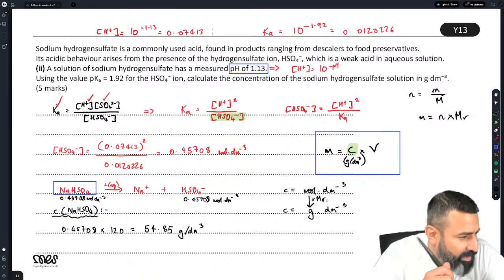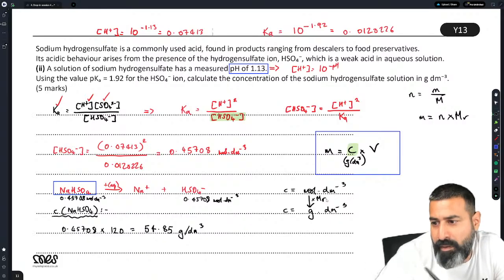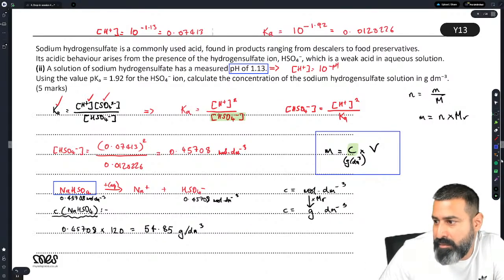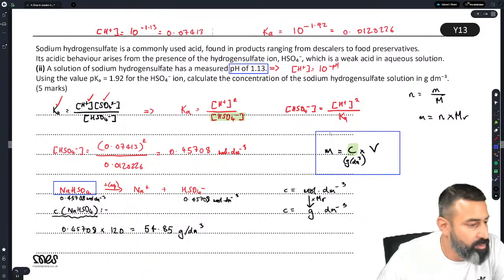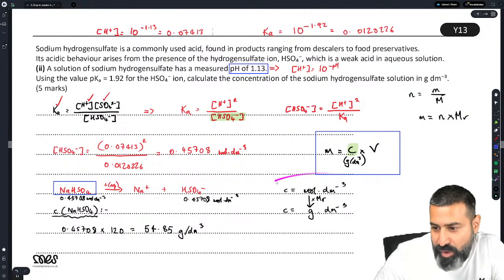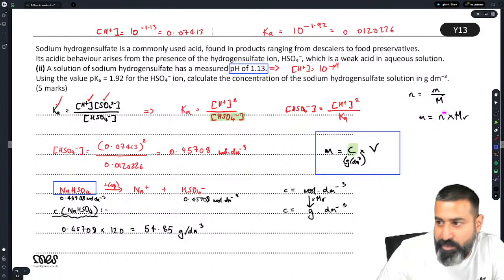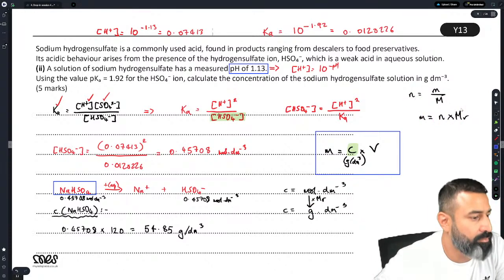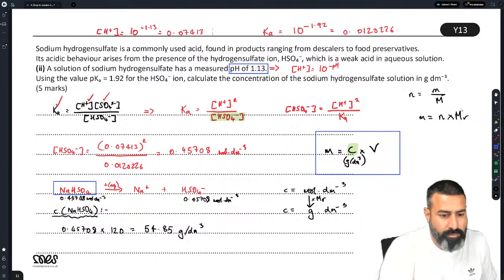Does that make sense? You see why I've done that? So I couldn't do anything with this, but I know the moles per decimeter cubed concentration, so to go straight from moles to mass, I simply multiply the number of moles by the Mr and done. Cool. Let's go.